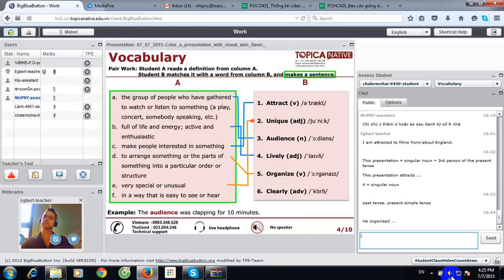Unique. Very well. And then Lang, please make a sentence using unique.